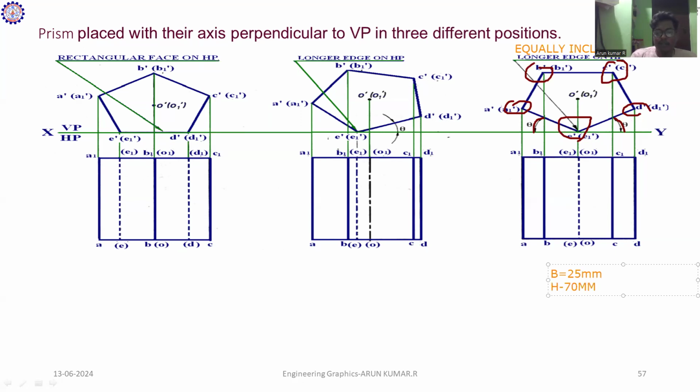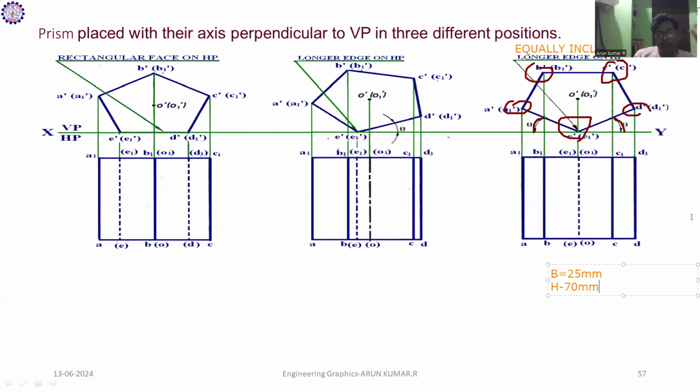The axis inclination is already mentioned by default, but for equally inclined, the interior angle is 90 degrees. After resolving these angles, you proceed with the equal inclination so that the longer edge on HP can be obtained. Then proceed with the base length of 25, using the same first method.